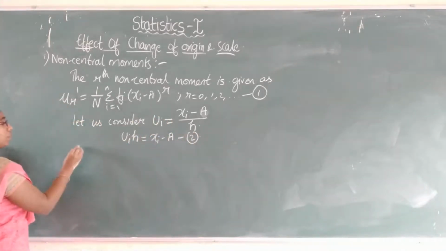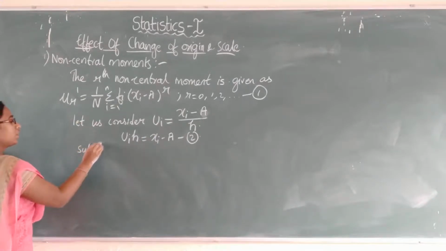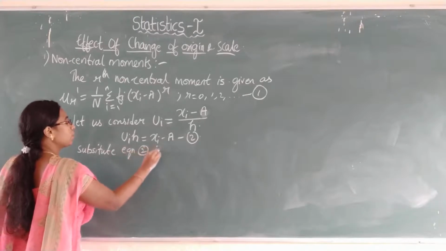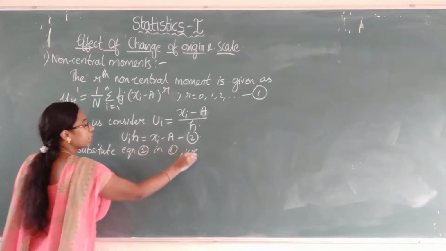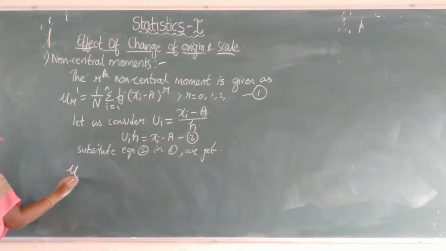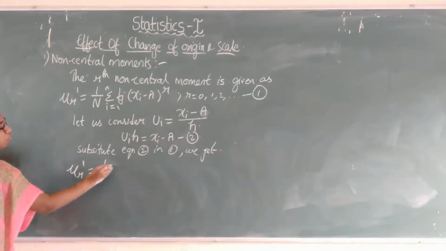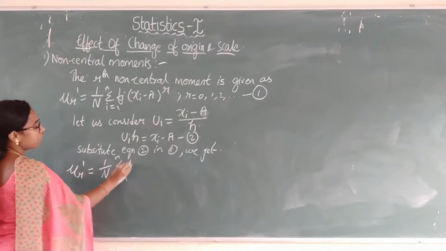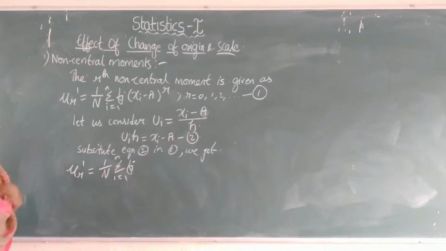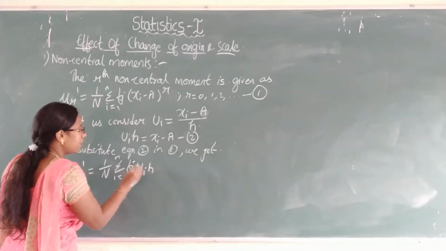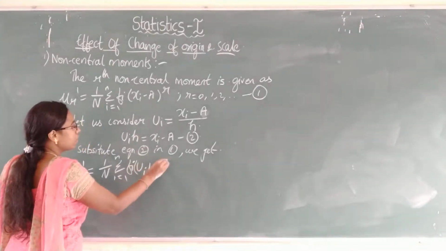Now substitute equation 2 in 1. We get μr dash equals 1 by n summation i equals 1 to n fi into, in place of xi minus a, what am I writing? ui into h, whole power r.